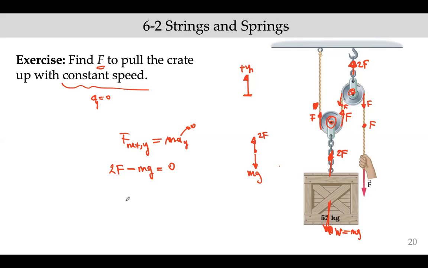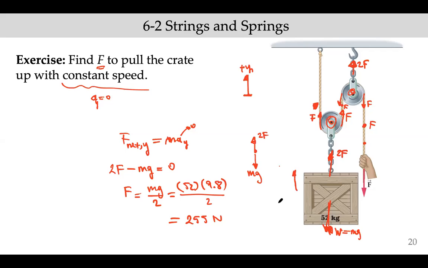From here, F equals mg, putting mg on the other side and dividing by 2. So this is the amount of F. M is 52, g is, let's say, 9.8, divided by 2. And the answer is 255 newtons. So if you pull this rope down with 255 newtons, this crate will go up with constant speed.